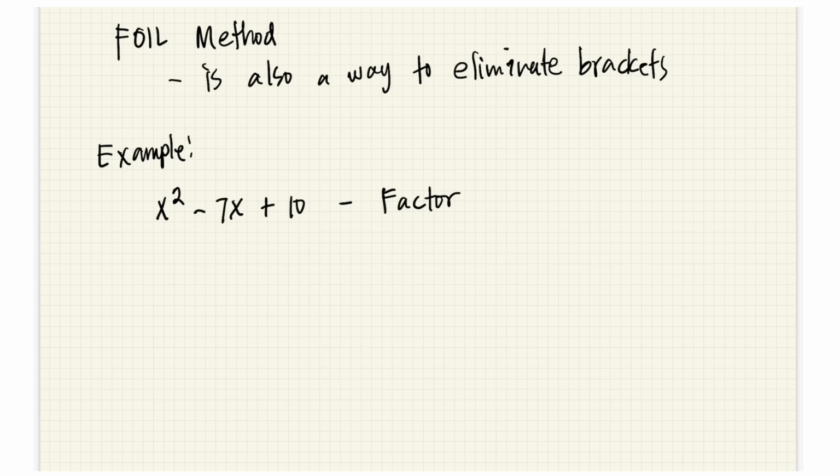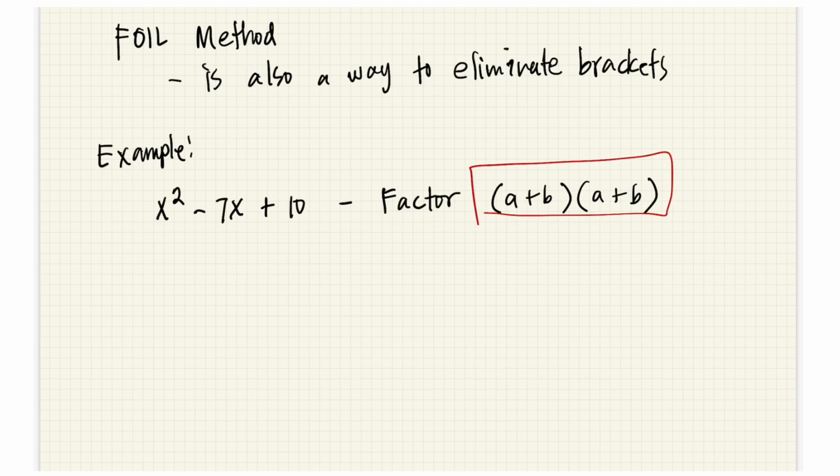Now, factoring will give you a binomial form. You should be able to make this into this. This trinomial should be inside the brackets. So how are we going to do this?